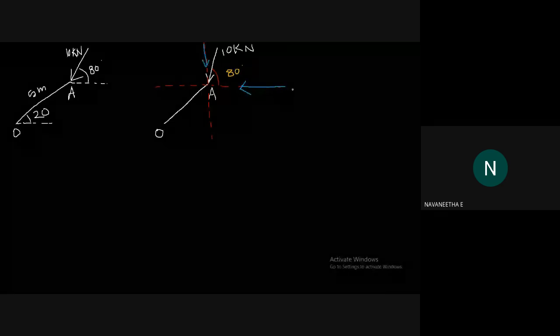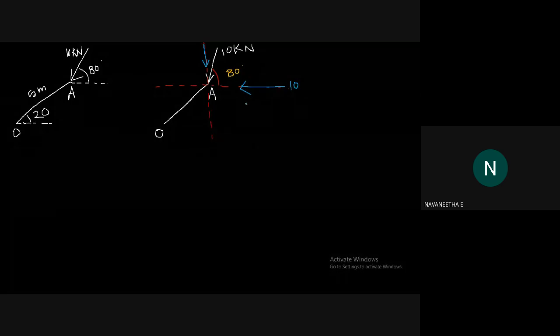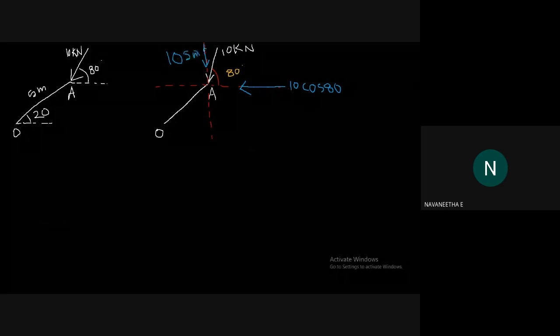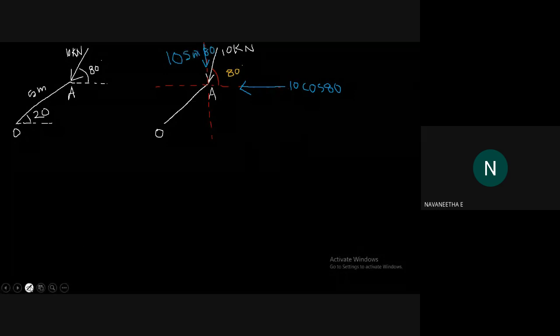So this is 10, nearest value is always cos, 10 cos 80. Then what about the y component? 10 sine 80.